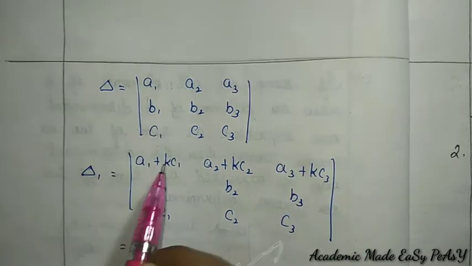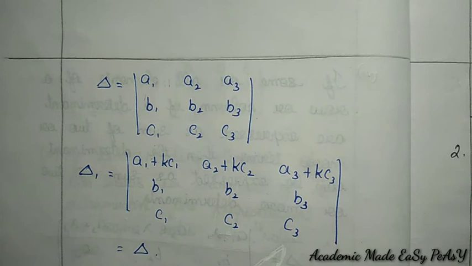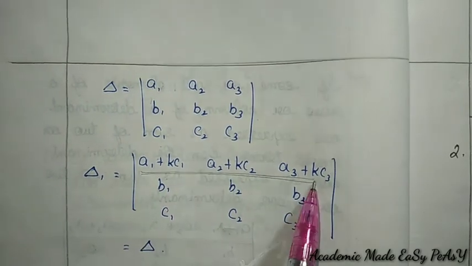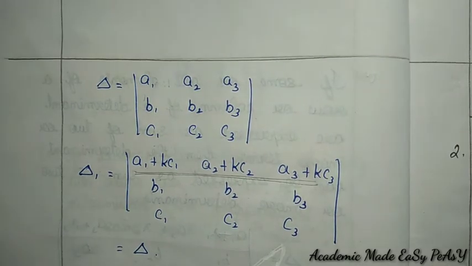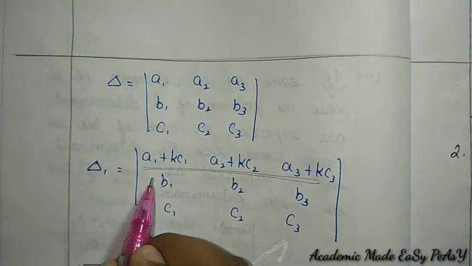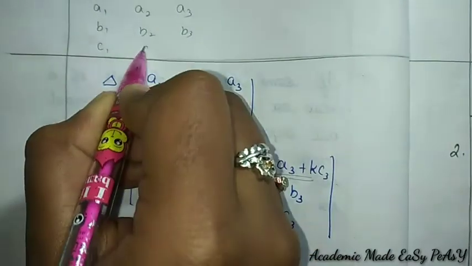If some number is added or subtracted throughout the column or the row, what will we do? We will split the determinants. So how will we split this? We will split a1, a2, a3, b1, b2, b3, c1, c2, c3.